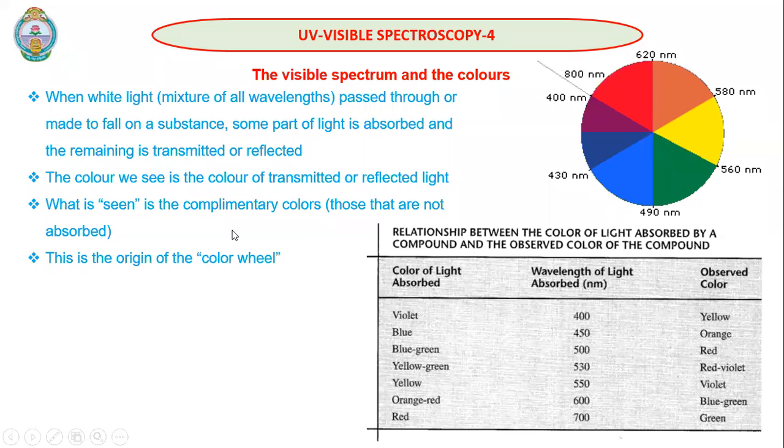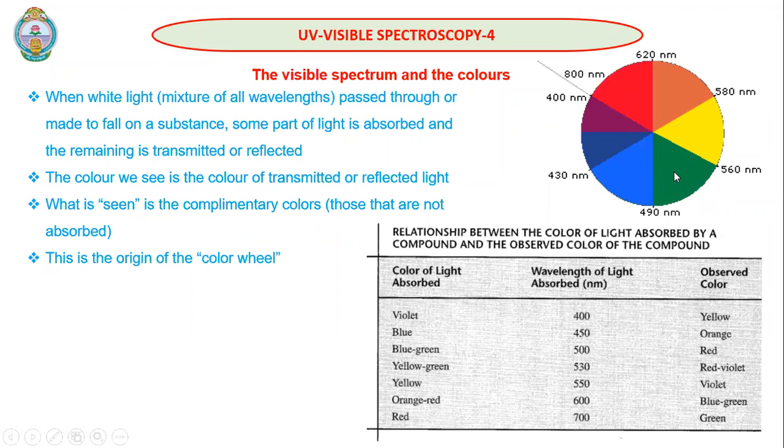So that is what is called complementary colors. If a substance absorbs one particular light, then the remaining will be reflected. That is what is called complementary light. For example, from this color wheel, you can clearly see that if a substance absorbs red light, it emits green light.